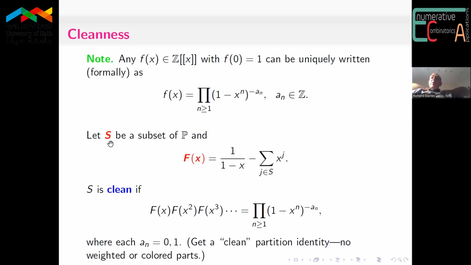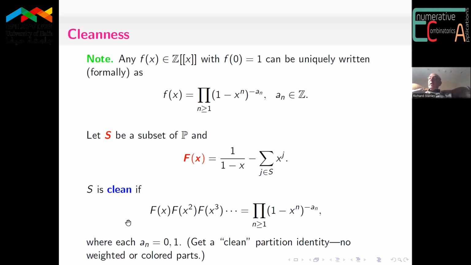So if we have our subset S of the positive integers, and f(x) = 1/(1 - x - sum over j in S of x^j), we'll say S is clean if f(x)^2, f(x)^3, etc. written uniquely as a product of (1-x^n)^(-a_n) have each a_n equal to 0 or 1.